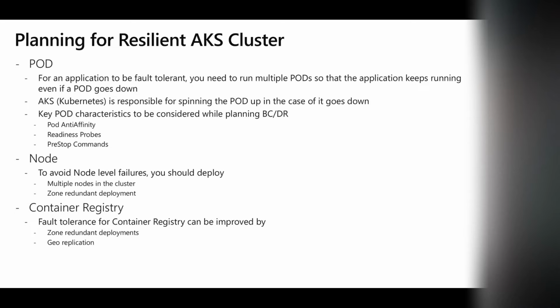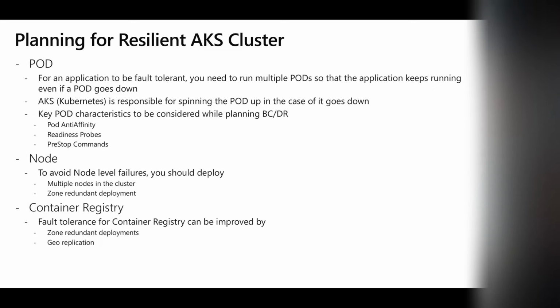Based on these commands, it will make sure that once all the connections are drained out, then it will bring that pod down. So this will once again help a smooth transition for your application in the case where there are issues happening with the cluster or where there are application upgrades that you're going with.